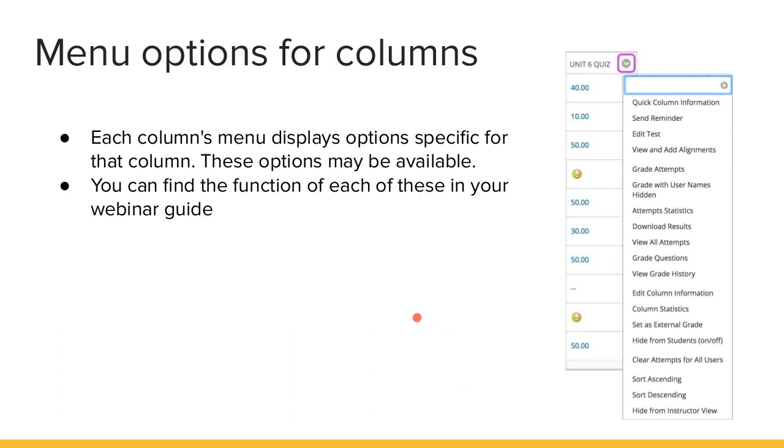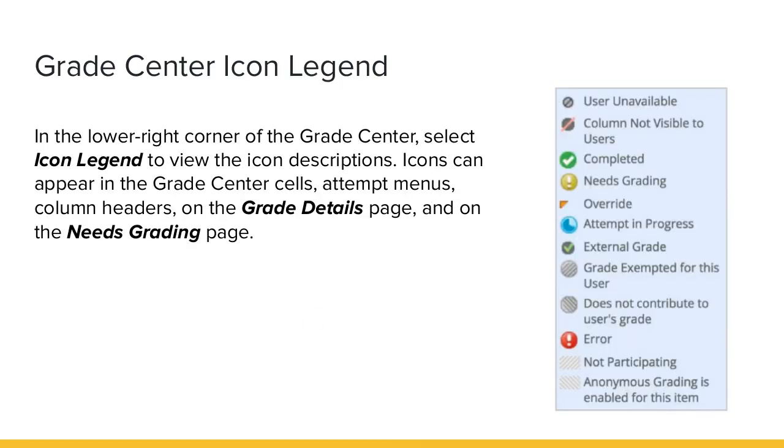As I mentioned, if you look in your webinar guide, you have a nice little chart that literally has what the function is of each of these items, so it'll tell you what every single one does. I'm not going to spend a whole lot of time going over every single one.